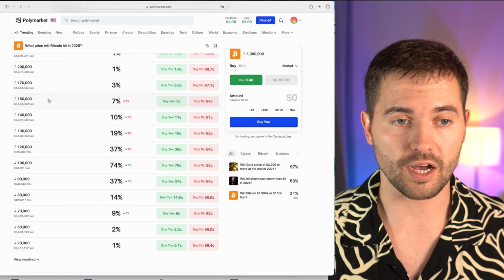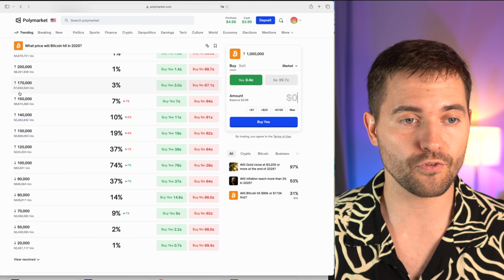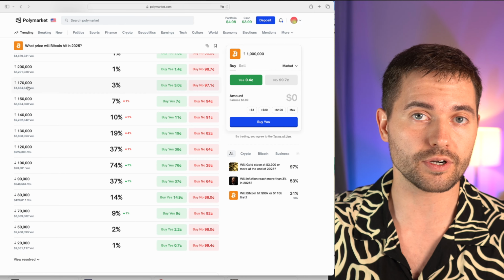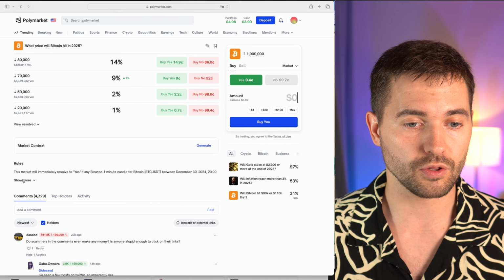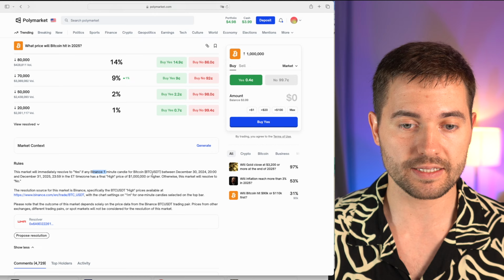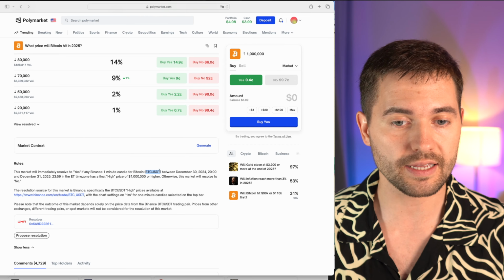We have all these options, and 150, 140, each has a different volume. Volume is the sum of all the orders available, including the limit orders for this level. And if you scroll lower, you can see that it's a specific exchange, in this case Binance. The pair is with USDT, not with USDC or anything else.